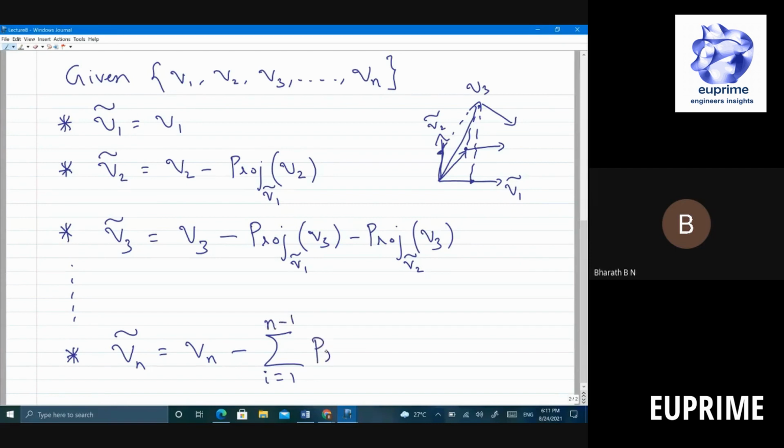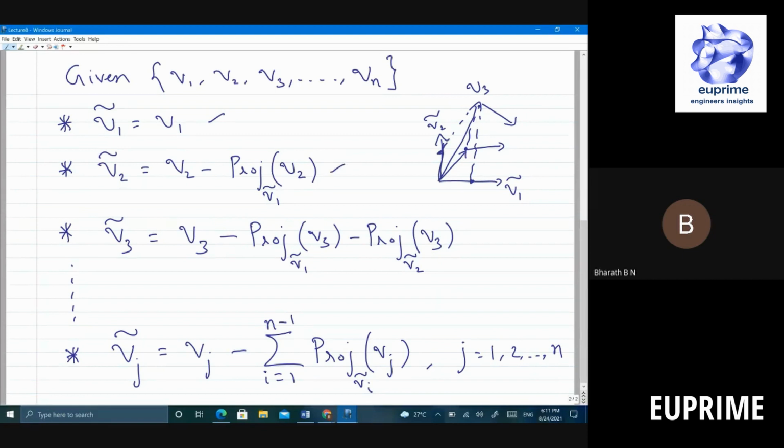So the projection of Vn on Vi tilde, right? Do you agree? So how did you get Vi tilde? Well, this is recursion, right? So maybe instead of Vn, I'll write it as Vj. Okay, so basically j is 1, 2, etc., n. If I substitute j equal to 1, I get back the first step. j equal to 2, I get the second, and so on.